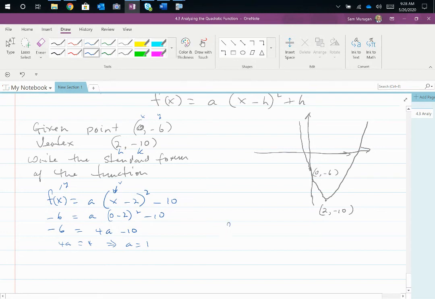So that equation is f of x equals a times (x minus h) squared plus k. We can now go ahead and fill in what we have.